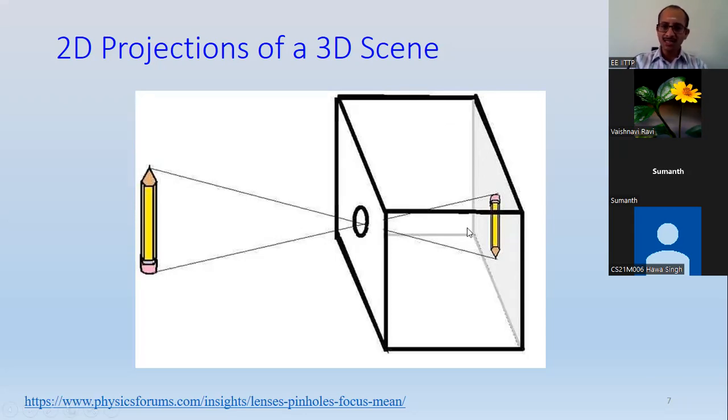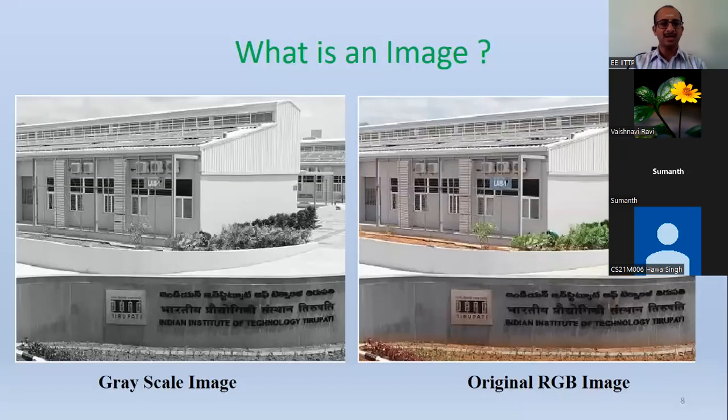Each sensor element looks at a small region in space, takes an average intensity of that region and puts it as a value here. Likewise, each sensor element looks at its region and puts a value here. So finally, what we get is a 2D representation of a 3D space, and each sensor element records the average intensity value and puts it there.